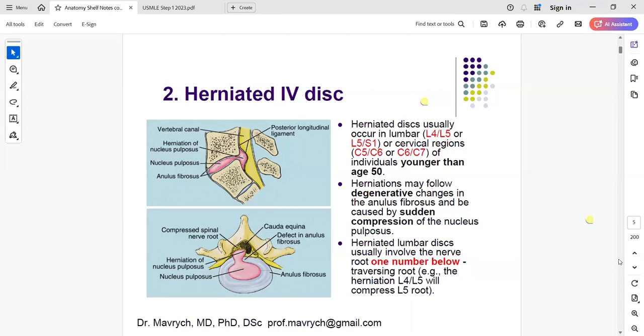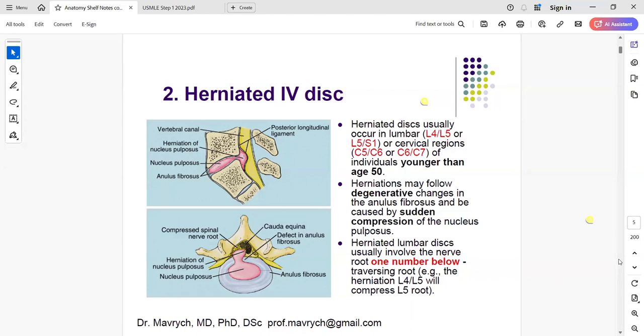So now whenever we talk about herniation, what is that one thing that we have to keep in mind? Now in your exam, they'll give you a question that there is a patient, and there's some sort of degeneration in the L4 vertebra. Now, what disc would be herniated? So whenever you talk about a herniated root or the nerve or the disc, the nerve involved would usually be one number below, right?